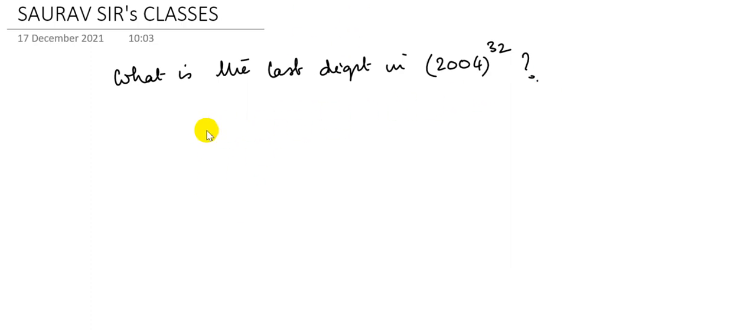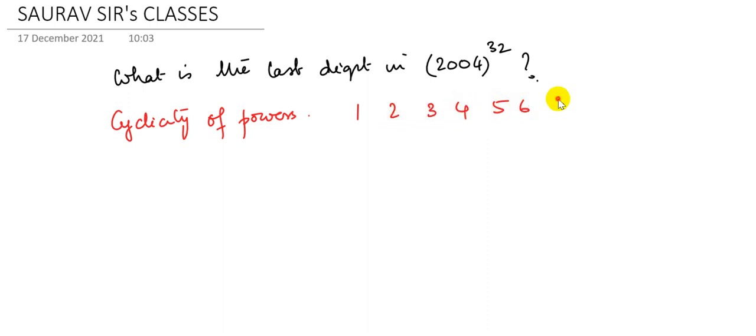So, do you know the cyclicity of powers? No, sir. Okay. So, we have numbers from 1 to 9, right? 1, 2, 3, 4, 5, 6, 7, 8, 9. Now, when I raise to the power 1, the same numbers will appear, right?